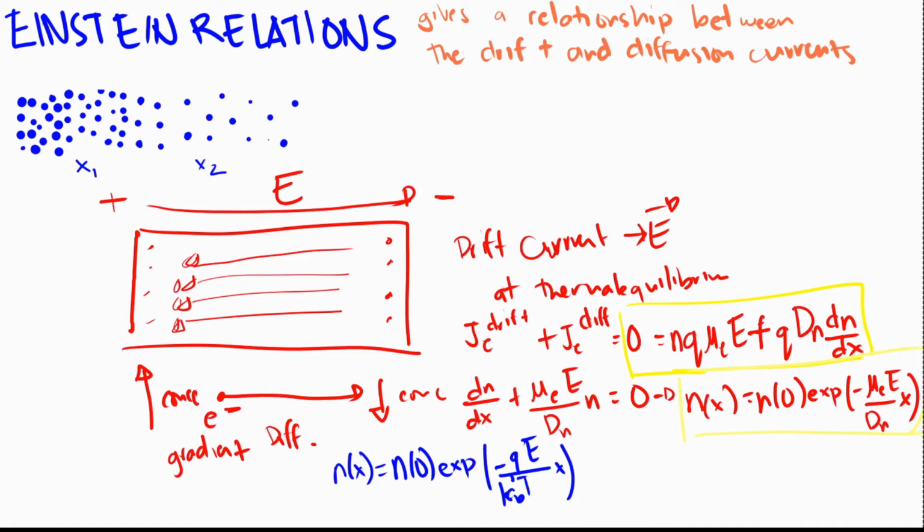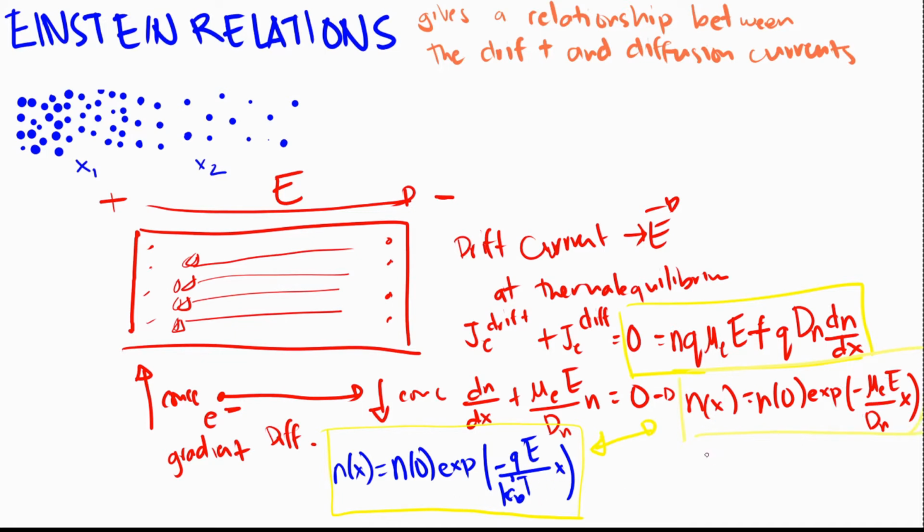So we have now two different equations for n(x), or the concentration of our electrons with respect to the position x. If we compare these two equations, we'll see n(x) is the same, n naught is the same. The exponentials only differ inside: negative QE over kBT, and negative mu E over Dn.